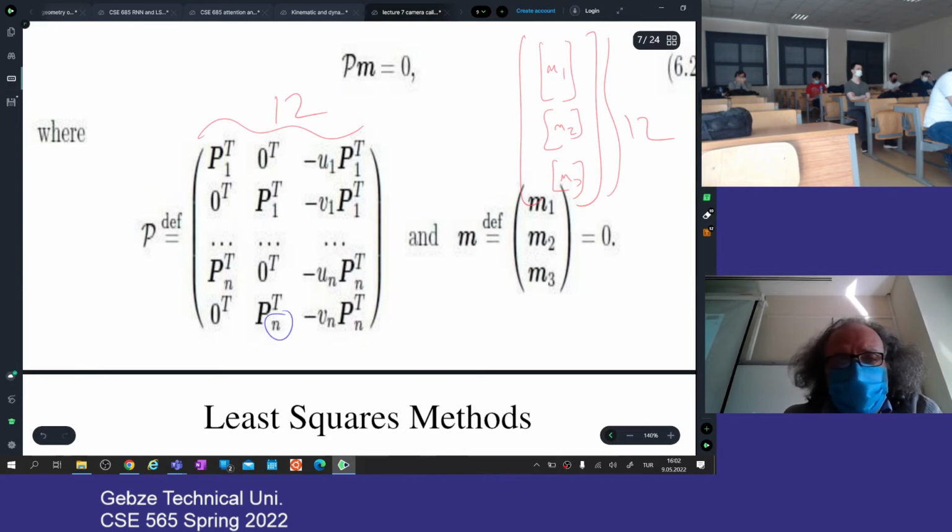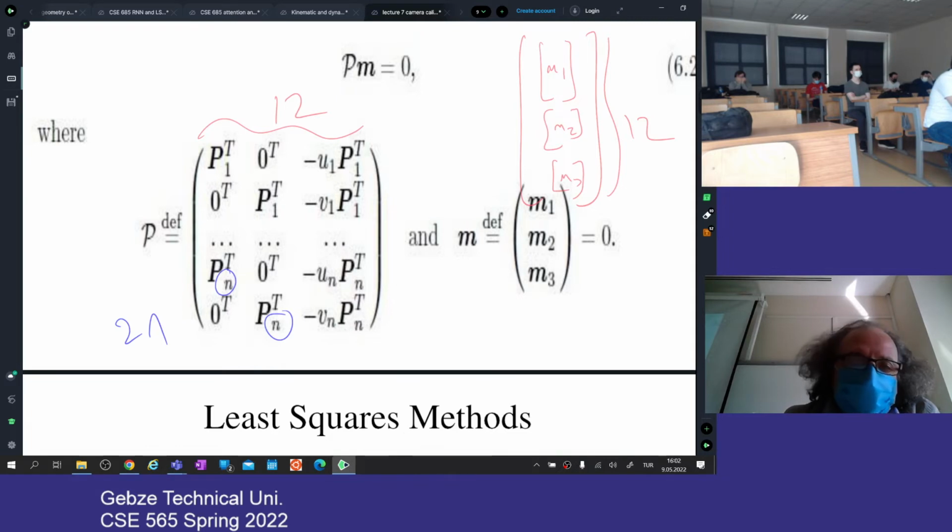Not n, but 2n, right? Because for each correspondence, I have two equations. So there are 2n rows and 12 columns. What is n? N is the number of correspondences.